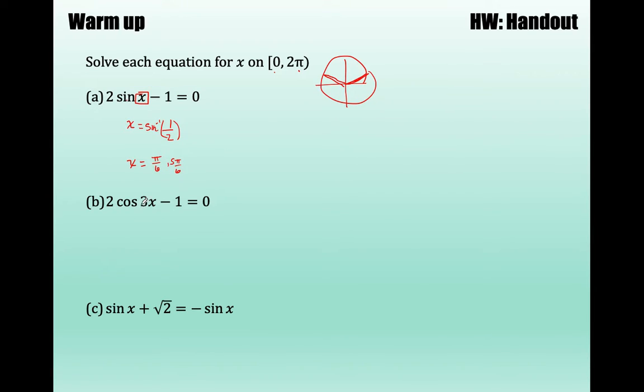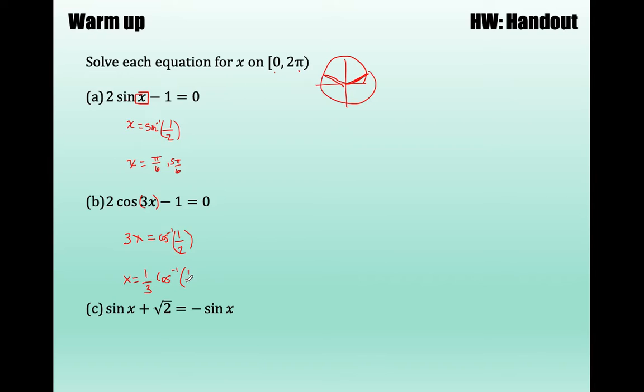Do the same thing here, except again I'm getting 3x by itself. So I'm going to add 1, divide by 2, inverse cosine both sides. Oh crap, I still have to get rid of that multiplication by 3 now.